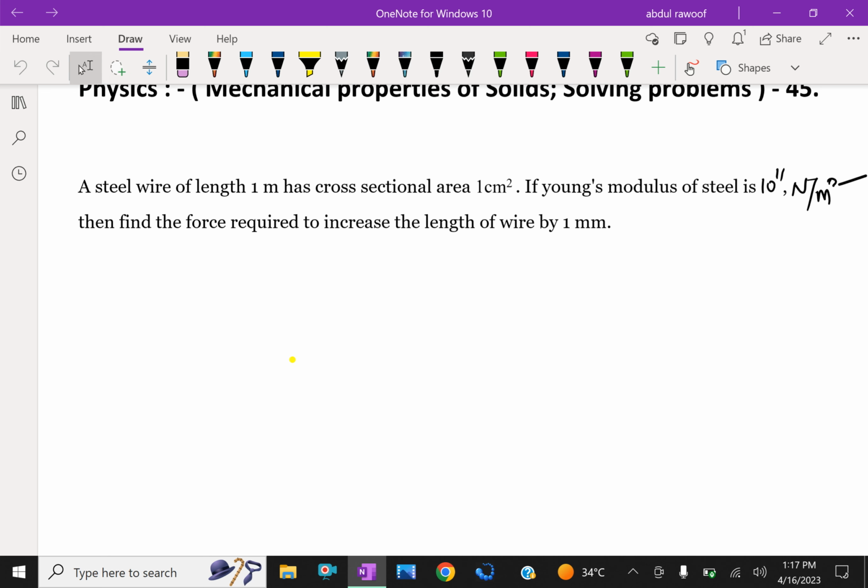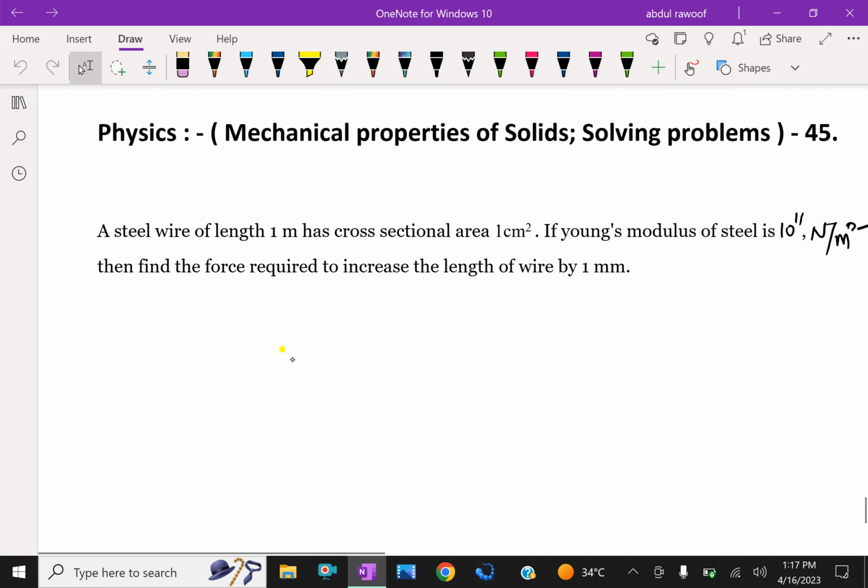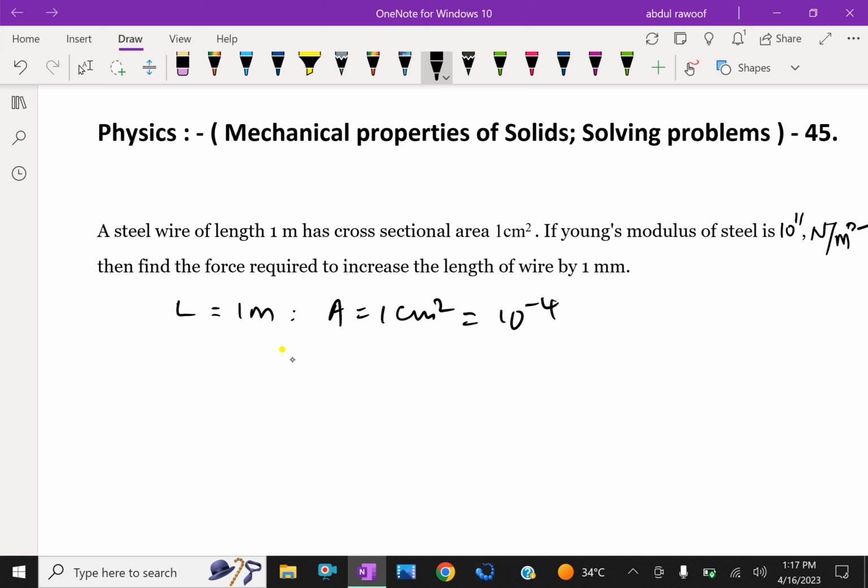Here, the given things: length L equal 1 meter, cross-sectional area A equal 1 centimeter square, which is equal 10 power minus 4 meter square.